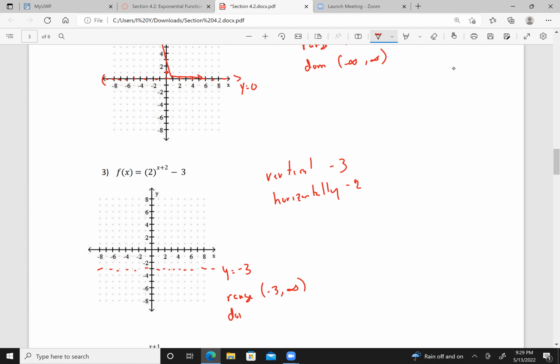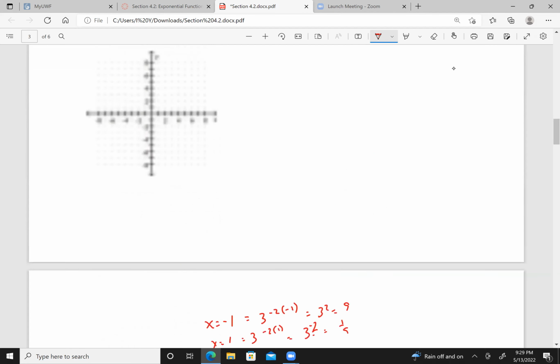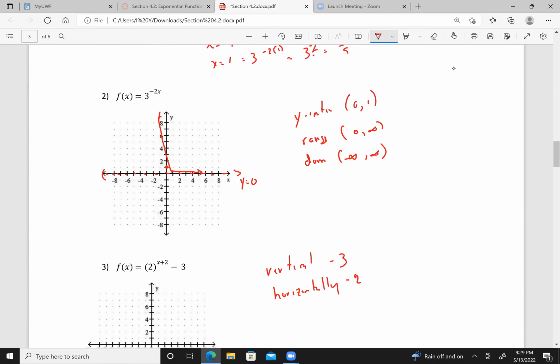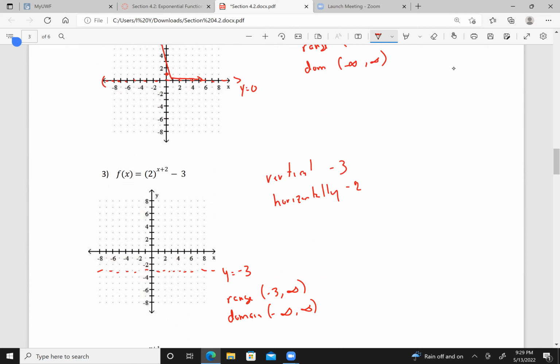My domain will always be the same, -infinity to infinity. What about my x-intercept or my y-intercept? Okay, opposite direction. So we have +2, so I'm going this way.